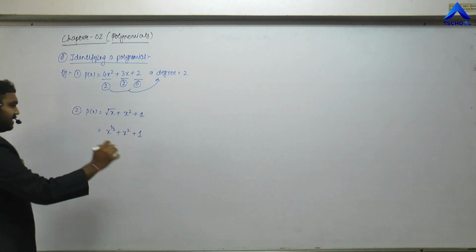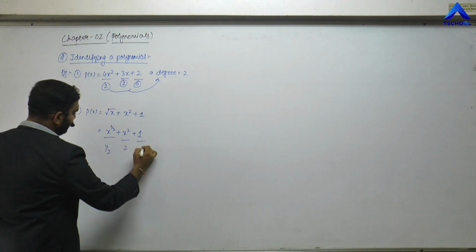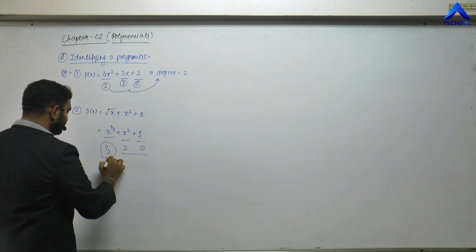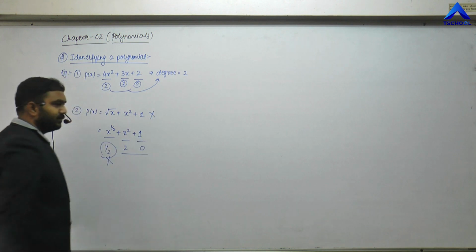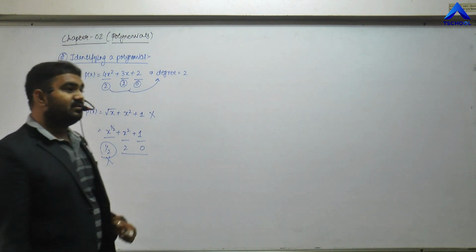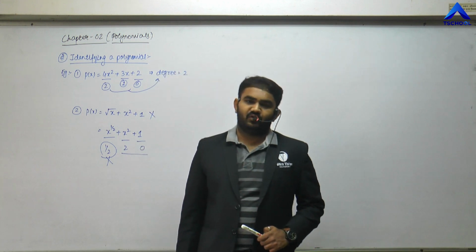But here in this polynomial, the power here is 1 by 2, here it is 2, and here it is 0. These two are whole numbers, but 1 by 2 is not a whole number, and hence you can say that this is not a polynomial in x, because the variable has a power which does not belong to the category of whole numbers.